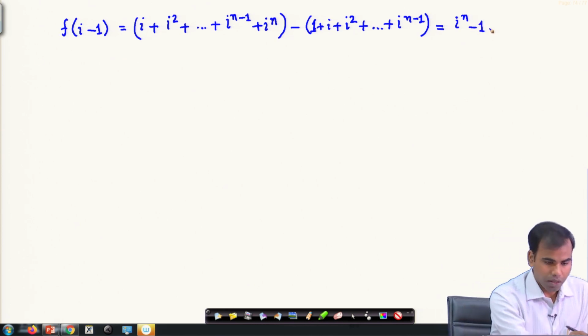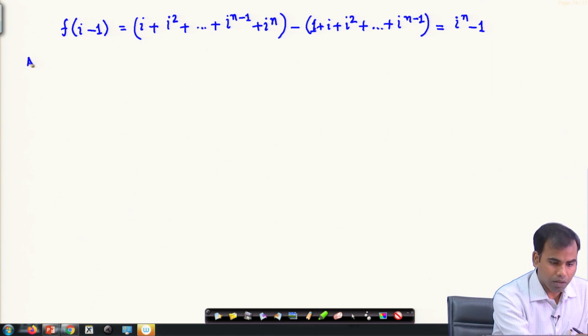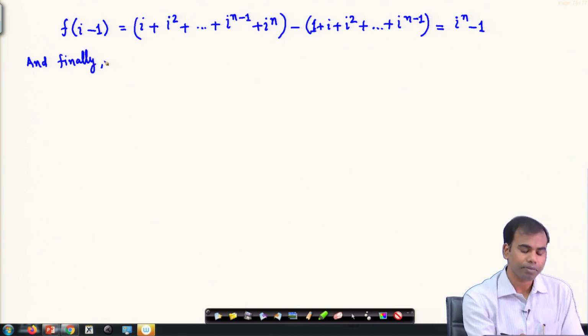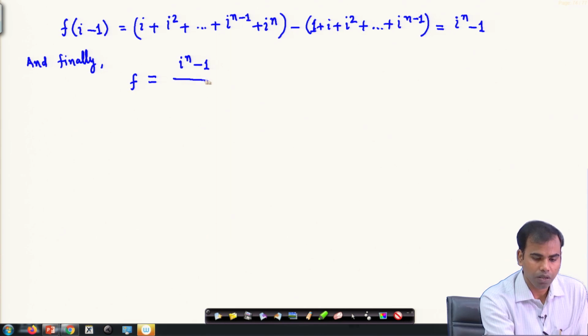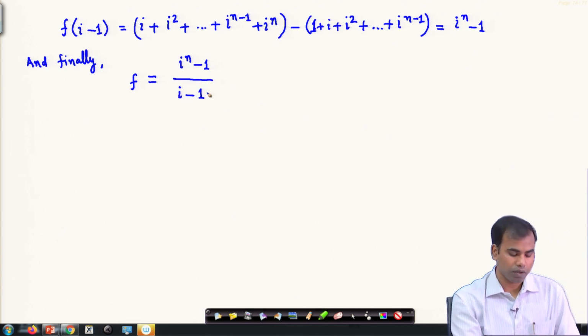So far, if we take this further to a final expression, this will be f is equal to (I^n minus 1) divided by (I minus 1), right.